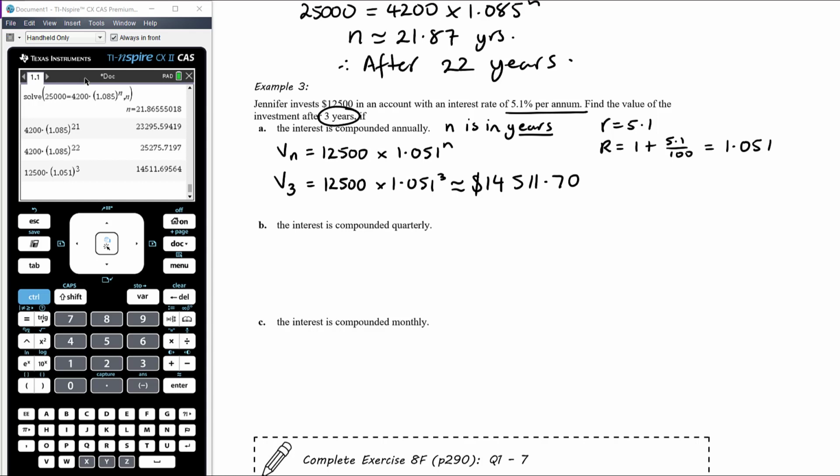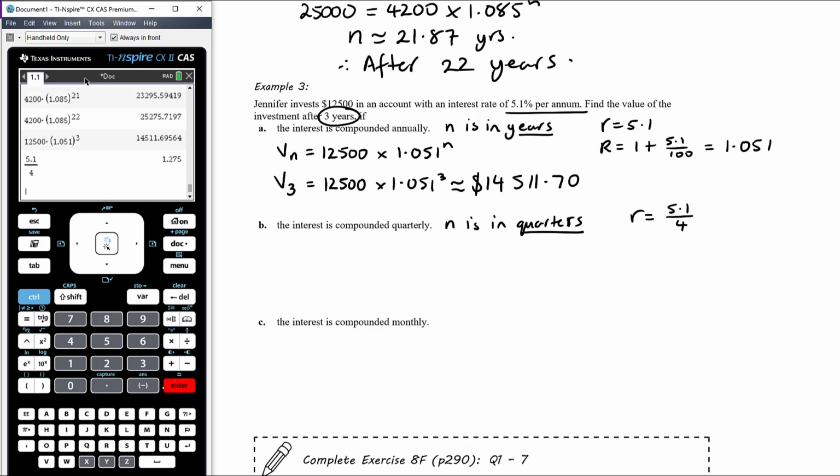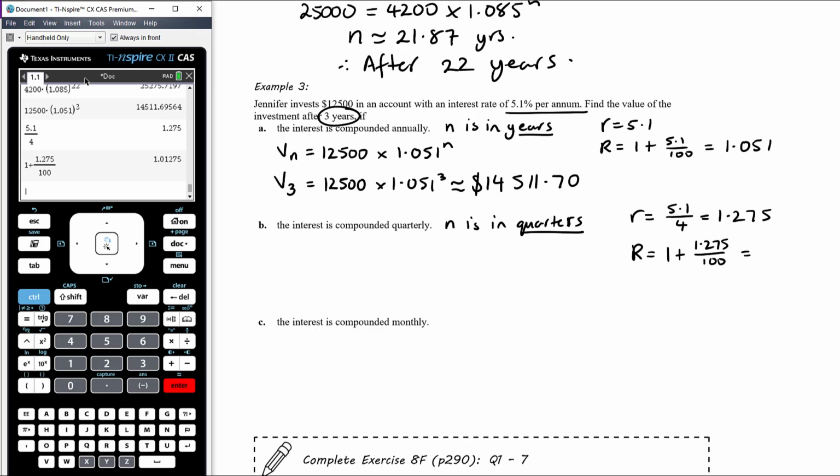Okay, if the interest is compounded quarterly, then n is going to be in quarters when we set up our rule. Okay, and R is going to need to be 5.1 divided by 4. Okay, which is 1.275, which means uppercase R, the multiplying factor, is 1 plus 1.275 over 100, which if we work that out, 1 plus this number divided by 100 is 1.01275.